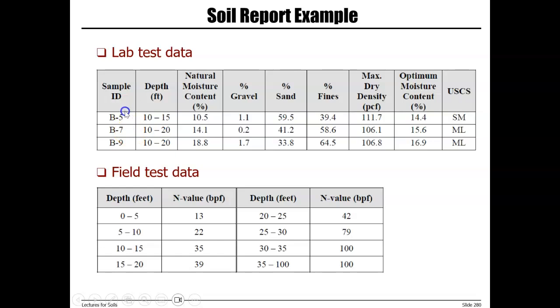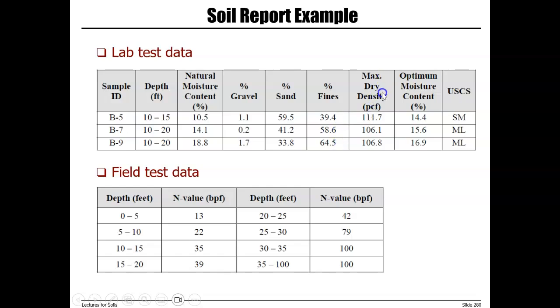Also, these are the sample IDs from boring locations 5, 7, and 9. They took samples for further laboratory testing. It also specifies the depth of the sample and natural moisture content. Then from the sieve analysis, they also calculated the percentage of gravel, which is very low, sand 59, 41, and 33%, and fines 39, 58, and 64%.